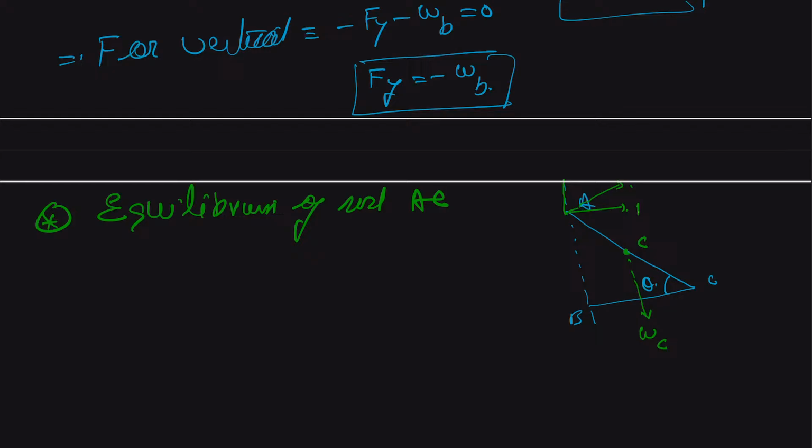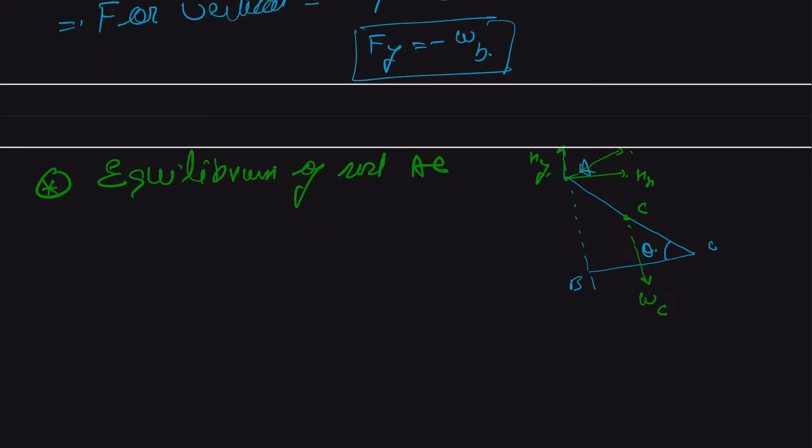This we can call as our H of x, and this we can call as our H of y. Okay, and yeah, I think for the time being this is sufficient.